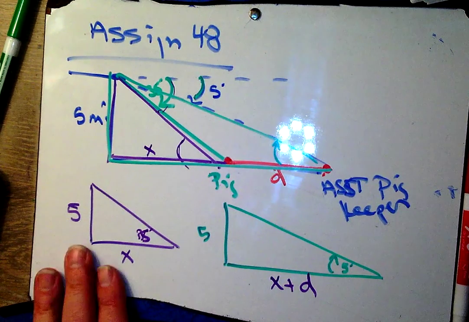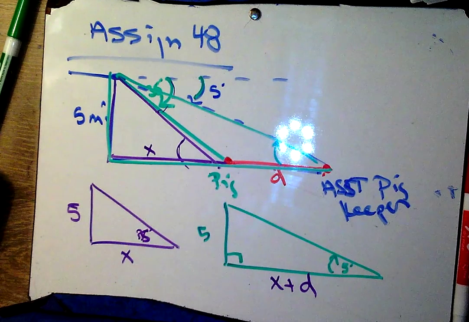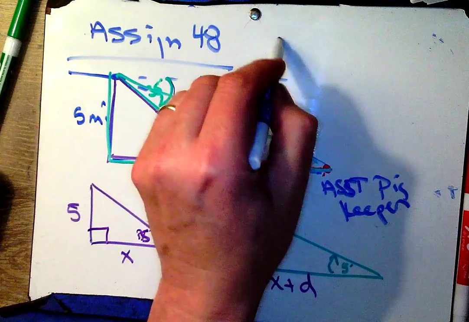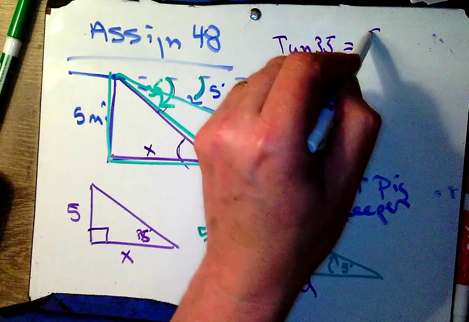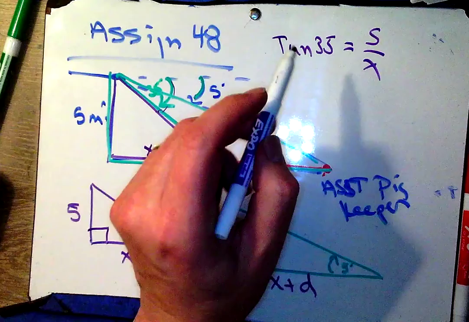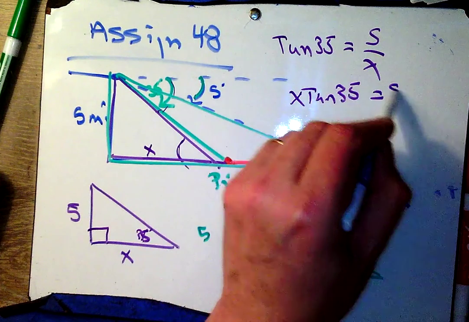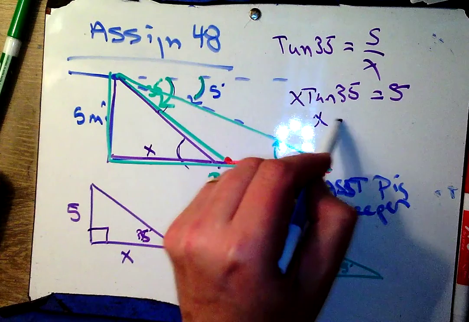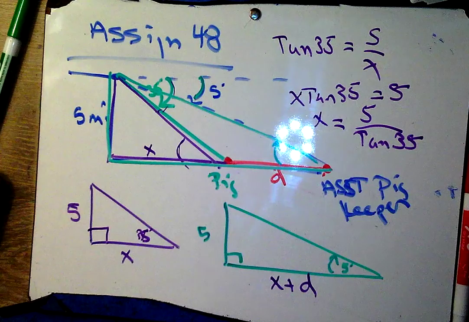Okay, can you write me an equation for each of these triangles? This one, it's going to be tangent of 35 equals 5 over x. So x tan 35 equals 5. Well, that's kind of nice, because then x equals 5 over tan 35.